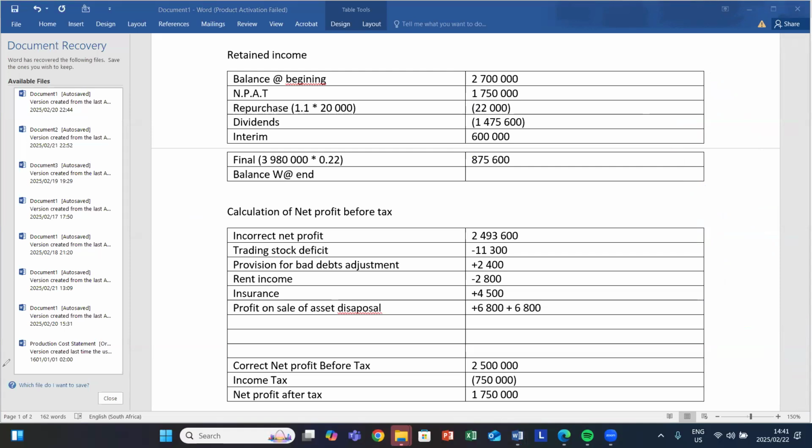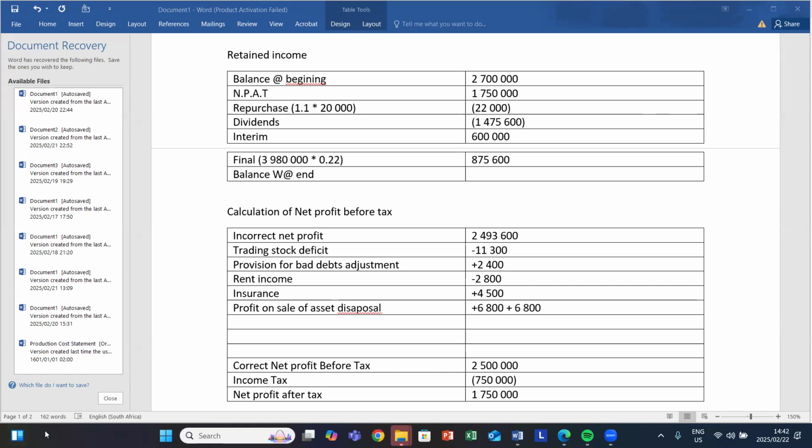Let's get the balance at the end. Balance at the beginning, meaning 2,700,000 plus 1,750,000 minus 22,000, meaning minus repurchase, and also minus your dividends, meaning minus 1,475,600.